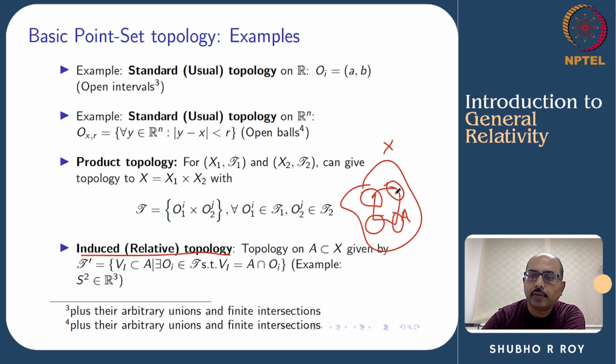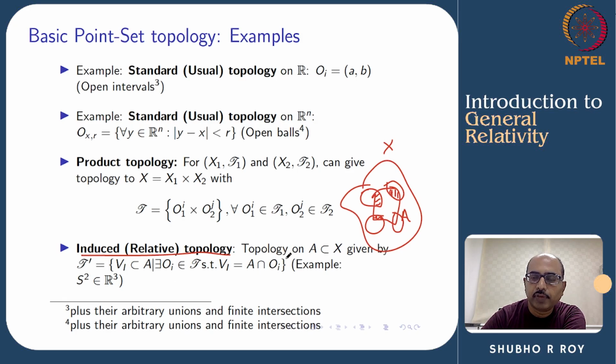And the idea is for the subset, the open sets of A can be generated by taking the open sets of X and keeping the regions which overlap with A. So this will be one open set for A, this will be another open set for A, and then this region which is in the overlap of an open set of X with A will give you a third open set for A, and so on and so forth.